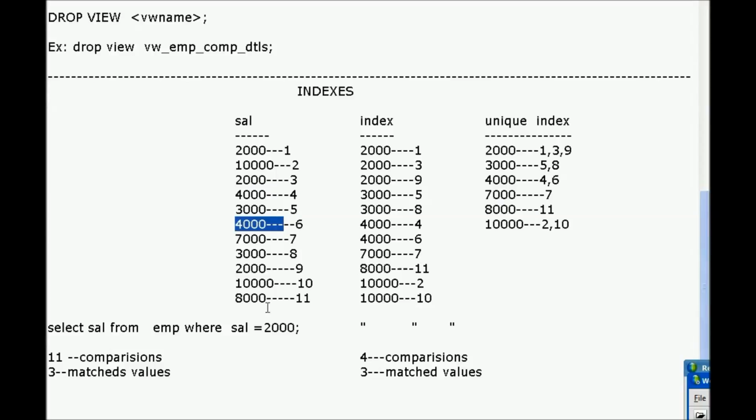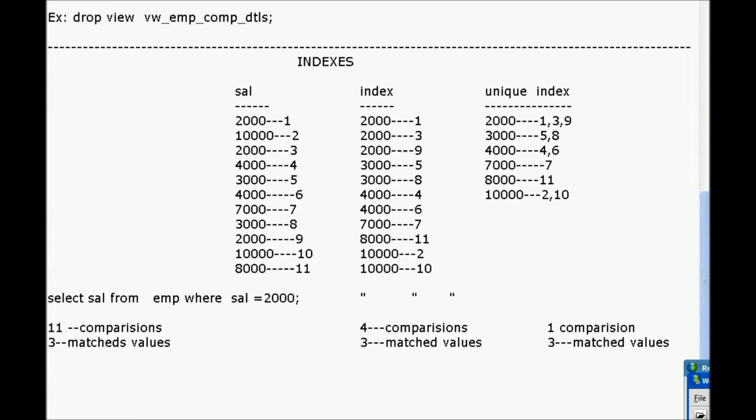So here for this 2000, in the first value only we are having 2000, so only one comparison it is making, and out of one comparison it is displaying three matched values. So have you got the difference between the comparisons? Yeah. So this is the advantage of an index.